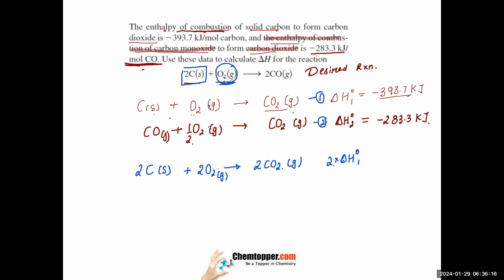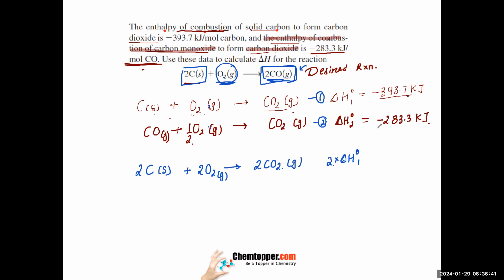So I'll skip this. Remember this thing. Don't try to balance it. I'm going to do this one, and it is a part of equation 2, you can see. So what should I do to get this? Skip O2, because it is part of 2 equations. Work with CO.